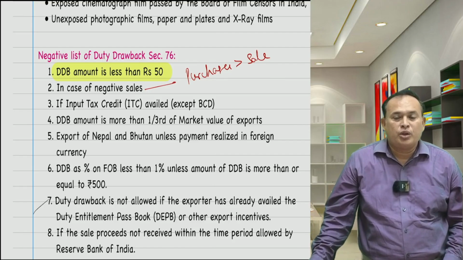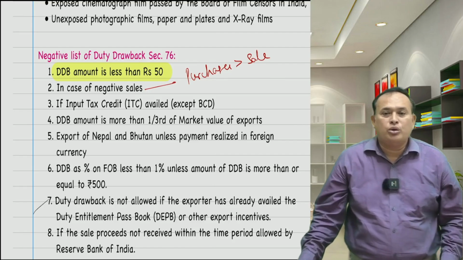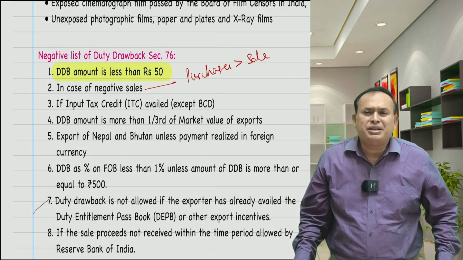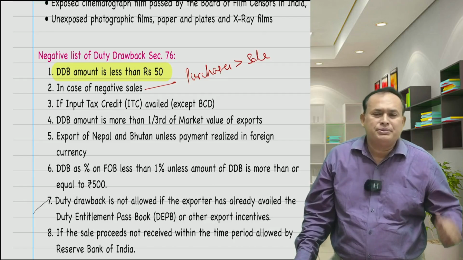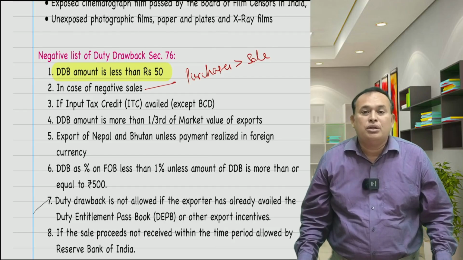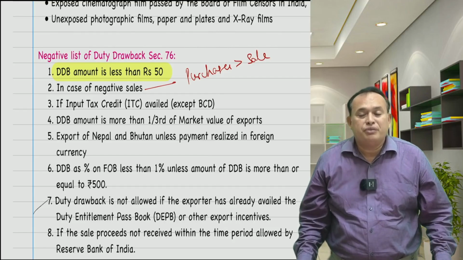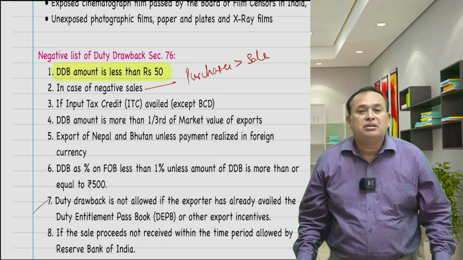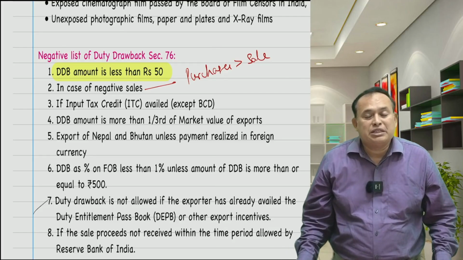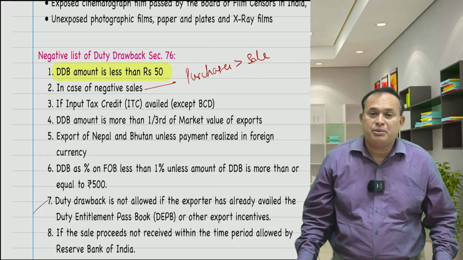Hopefully, tomorrow we are going to conclude the session. Reason, duty drawback is a simple lollipop chapter. Then we are going to concentrate more and more tomorrow on export promotions, which are very important. The entire foreign trade policy revolves around export promotions. I will refer to that tomorrow.